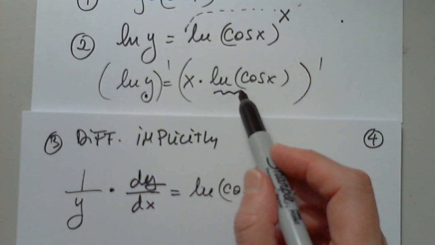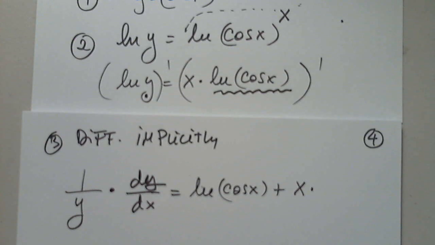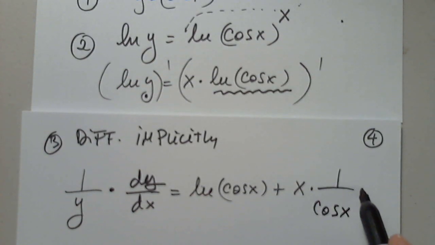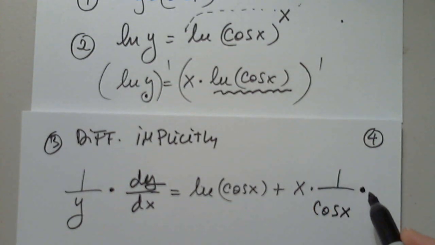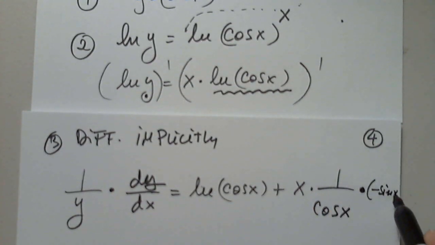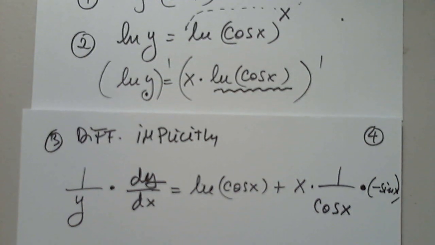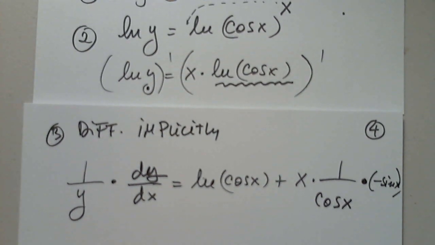Now we're differentiating this. How do we do it? Yeah, 1 over cosine x times negative sine x. Excellent. Great job. So the left-hand side is 1 over y times dy over dx.